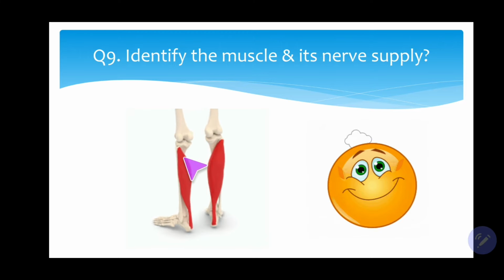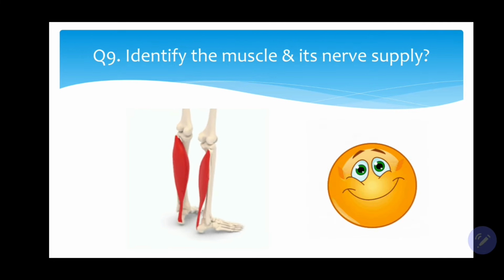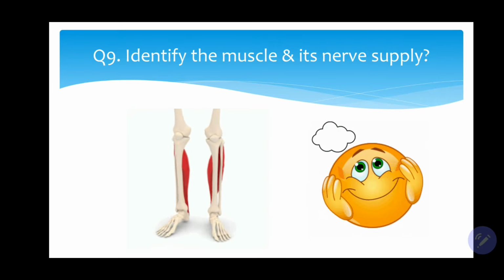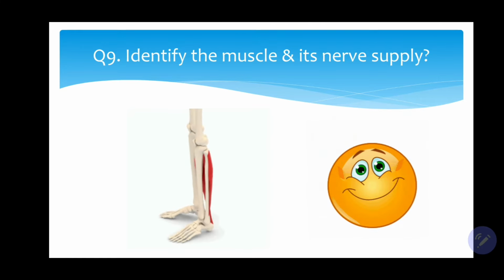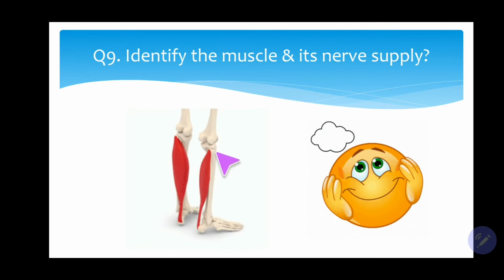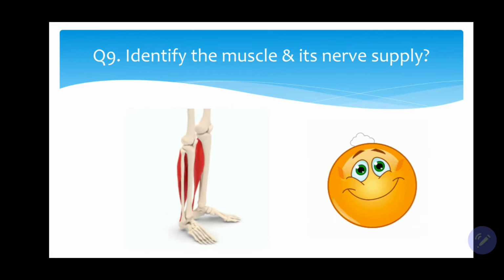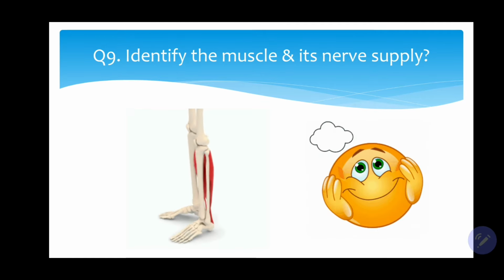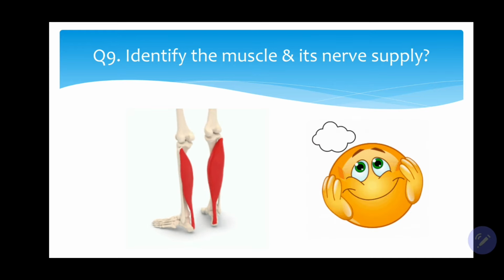Then also there is an oblique line on the tibia posteriorly, below the insertion of Popliteus. From that oblique line there is also origin of soleus, right? So it takes origin from both: the posterior surface of the head of fibula as well as from the oblique line on the tibia.